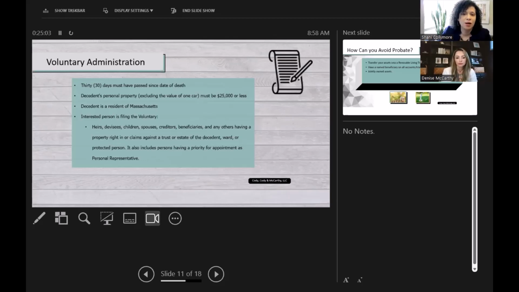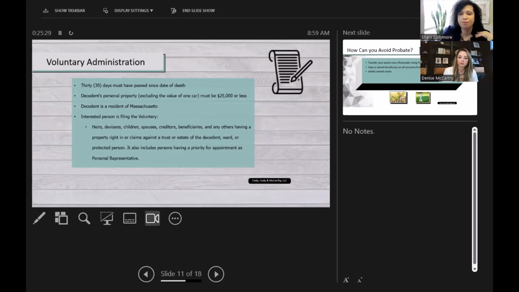Yeah. Okay, then the voluntary, which I touched on. So that's if your estate is $25,000 or less, plus the value of any car, you can do a voluntary. It takes maybe a week, and then you don't have a formal personal representative. You have this voluntary personal representative that only has power to get the money out of the bank account, essentially.